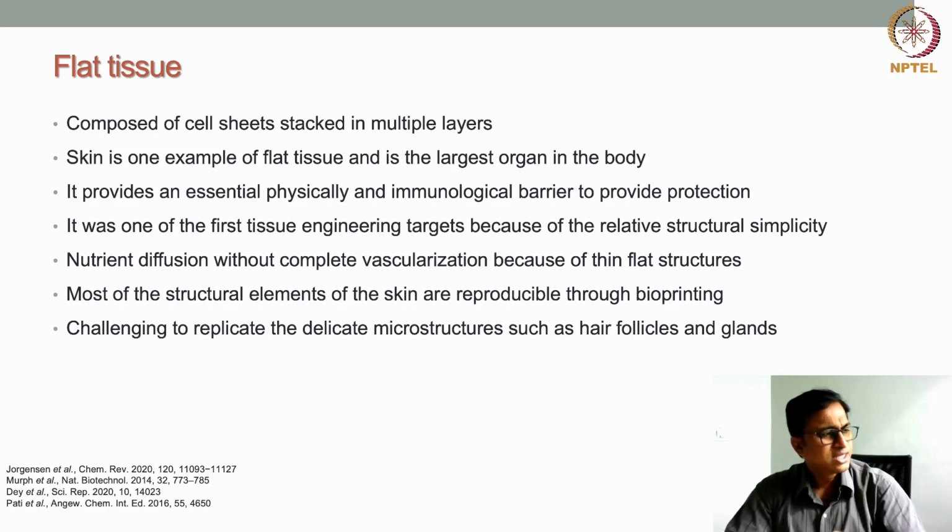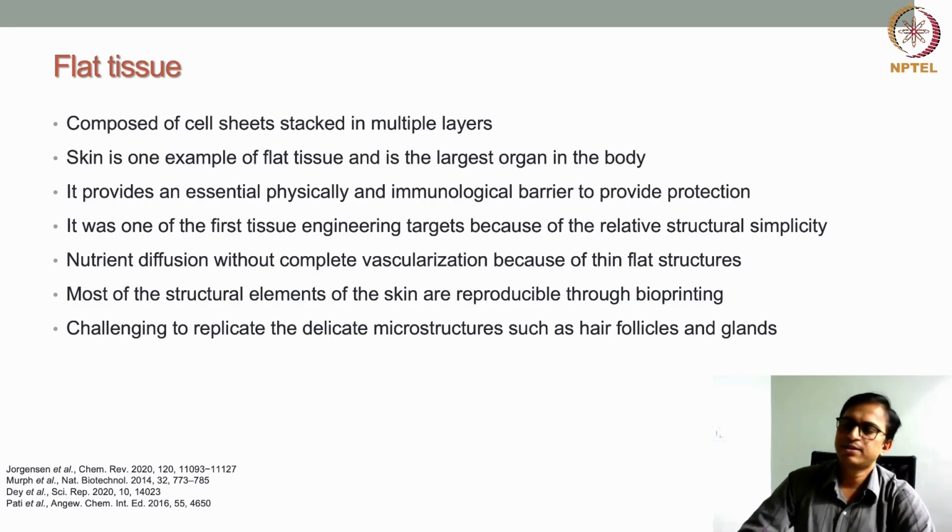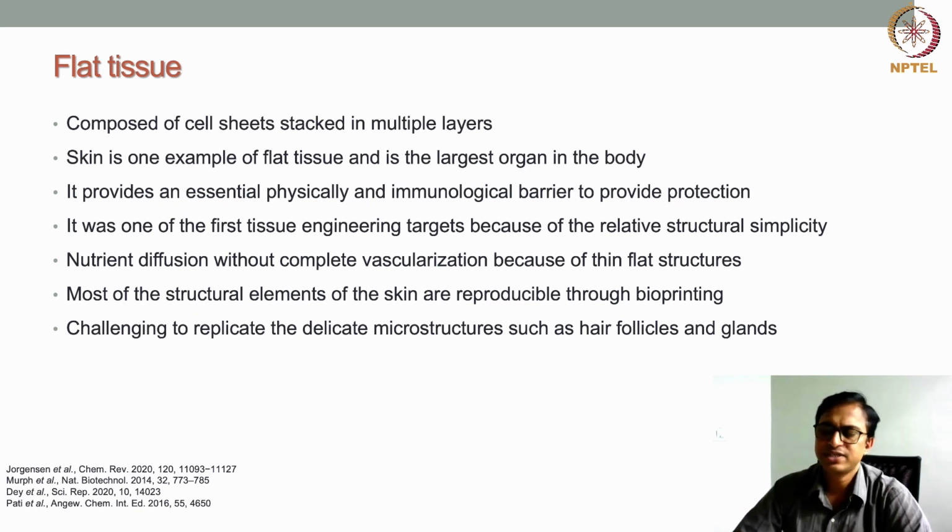Another important thing is that over the last 2 decades, researchers have been working on skin tissue bioprinting, and if you see in the literature, most of the structural elements of the skin are reproducible through bioprinting. That means researchers have already worked on bioprinting of different skin grafts, skin transplants, where partial or full thickness skin grafts have been bioprinted and then used.